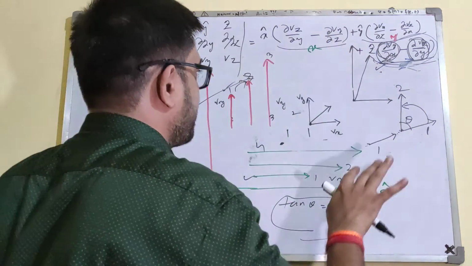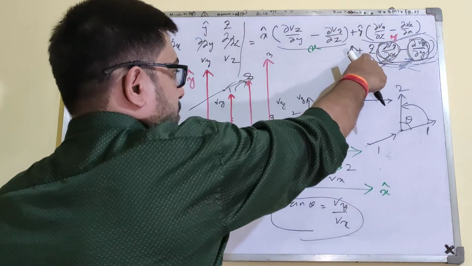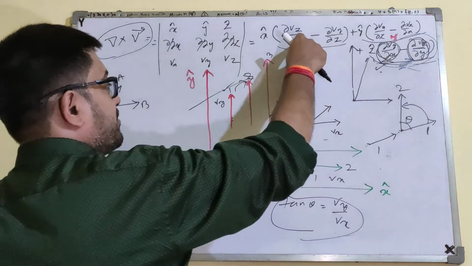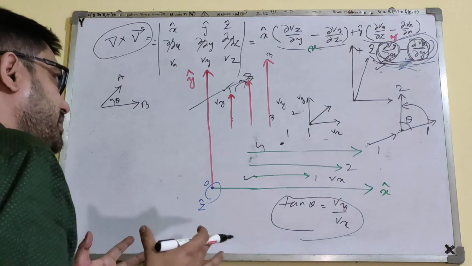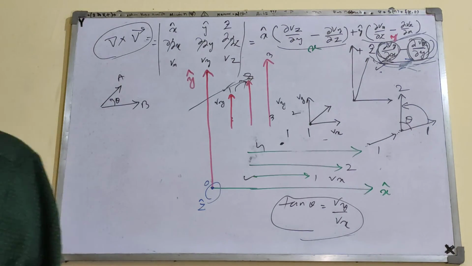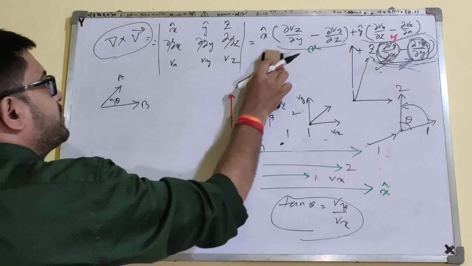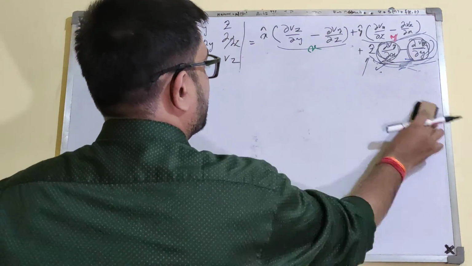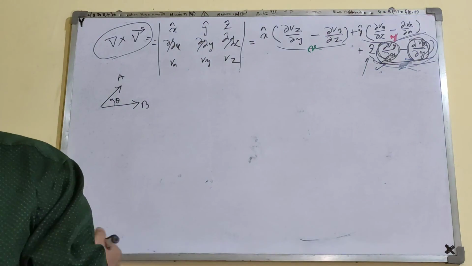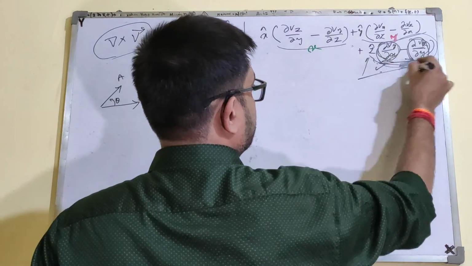So we discussed all of this only in the z plane. Now the similar thing can also happen in the x plane and the y plane. So when we combine all the effects, we are going to end up with the expression that we got here. We only analyzed this particular plane.